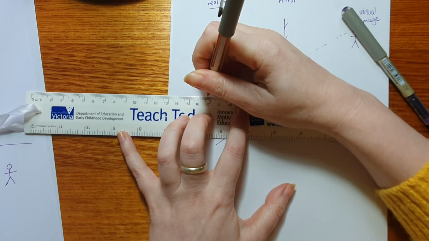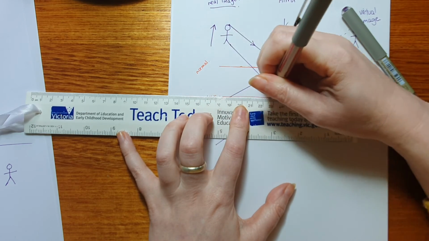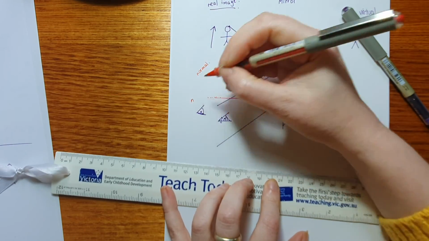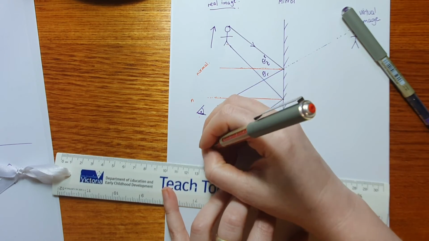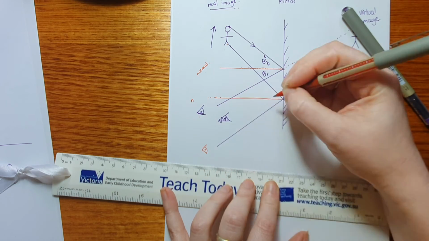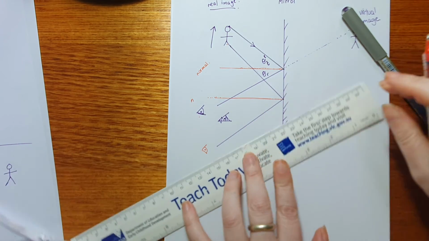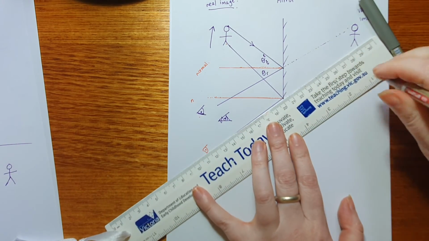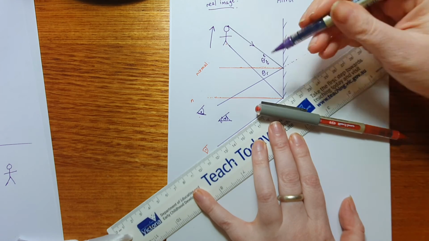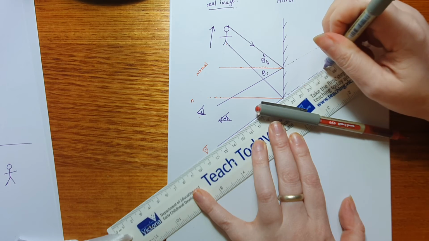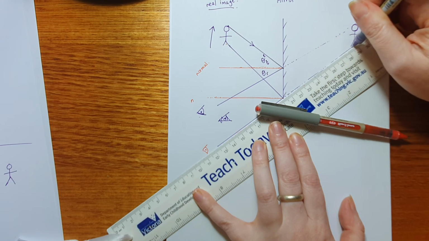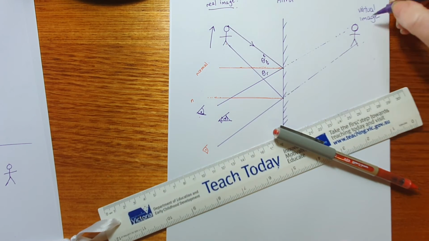So this guy here isn't going to be able to see this guy's feet, but this guy will be able to see the feet. And again, we can project that forward. And that goes in to his feet. So his virtual image here.